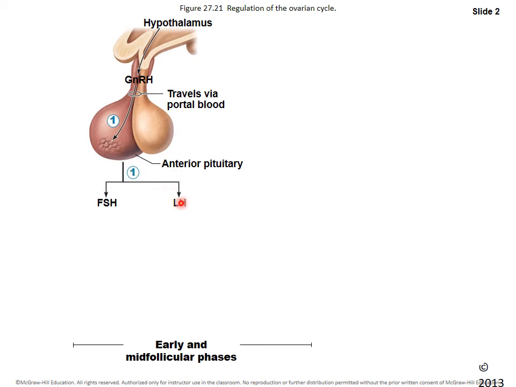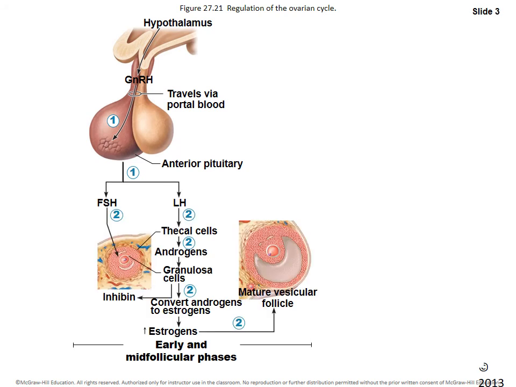of FSH and LH. This FSH and LH are going to stimulate the follicles, again, the ones that are especially near the end of their 290-day cycle. It's going to stimulate them through various mechanisms to produce estrogen, specifically estradiol.